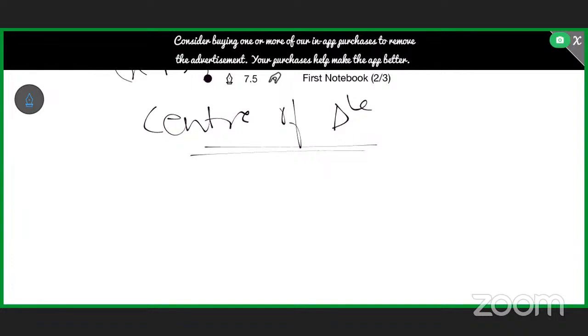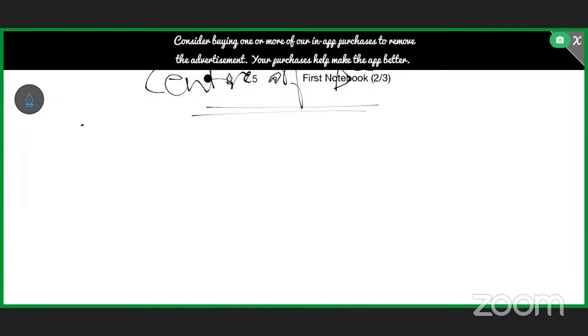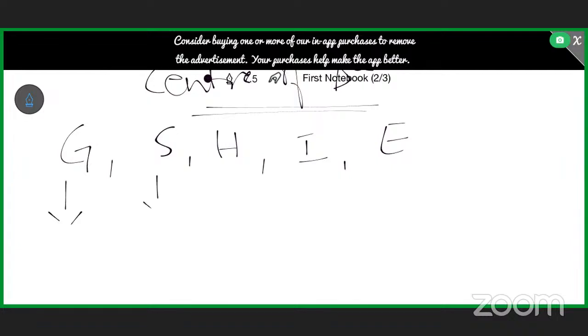The different centers of triangle are centroid, circumcenter, orthocenter, in-center, ex-center. How centroid is made up of, centroid is G, not C. How circumcenter is made, how orthocenter is made, how in-center is made, how ex-center is made. Then circumcircle.